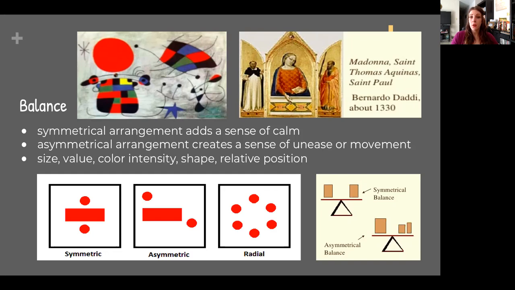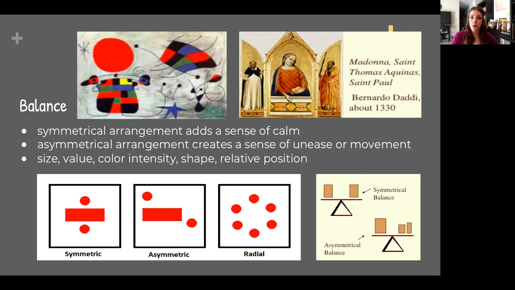And then the picture on the right of the saints, that should make you feel calm because it's very symmetrical. You want to balance things like size, value, color, the intensity of the color, shape, like what types of shapes, whether they're organic or geometric, and then the position of things.